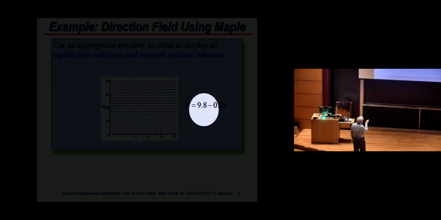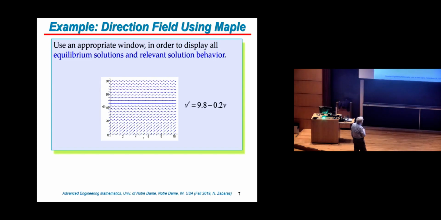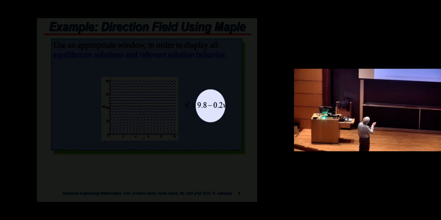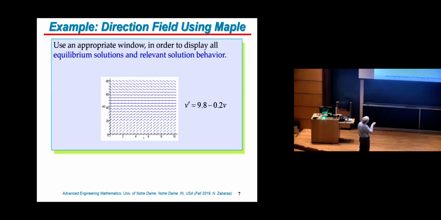Can you look at the equation and tell me where this number that leads to this straight line comes from? Where do I get this value for this straight line? Look there. How much is v prime when you look at this straight line? 0.